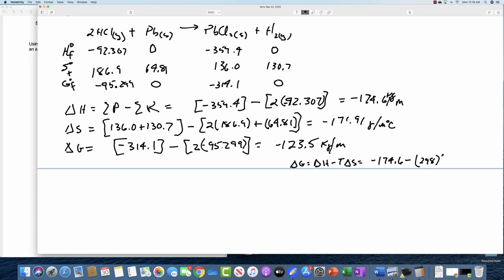It has to be in Kelvin. And delta S, remember this is joules, so we have to move this way over here. So this is minus 0.17191. And if you do this math, you get negative 123.5. So that's number 5.